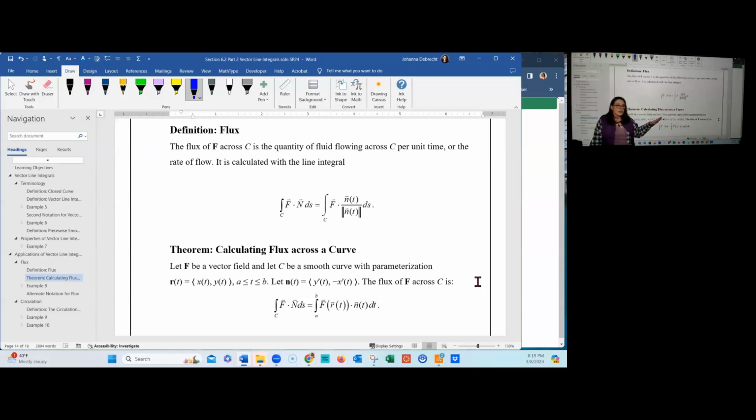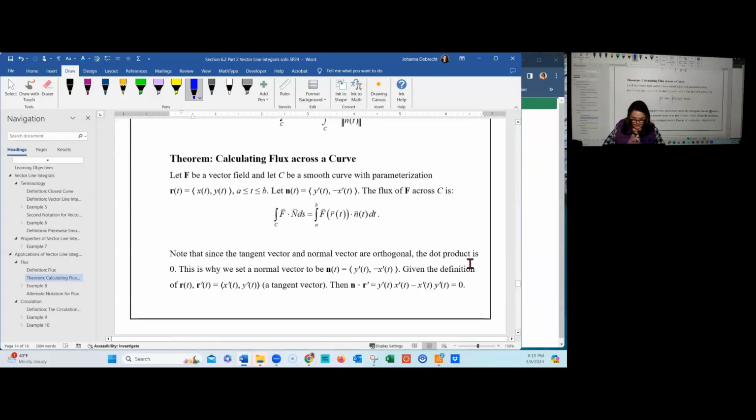The flux of the vector field across the curve is the vector line integral of f dot a unit normal vector ds over the curve C, which is the same as the single integral from t equals a to t equals b of f of r of t dotted with a normal vector dt.